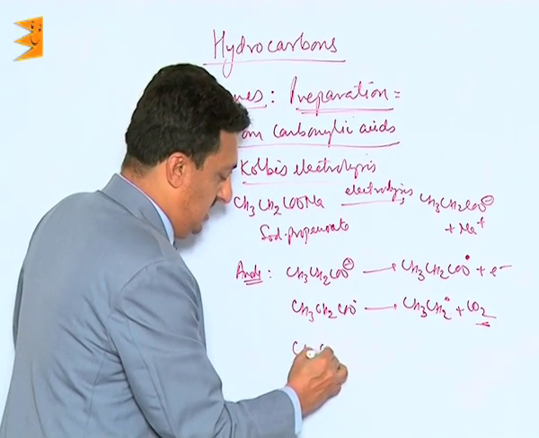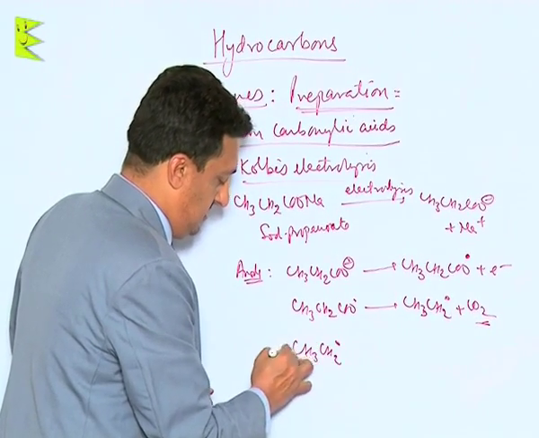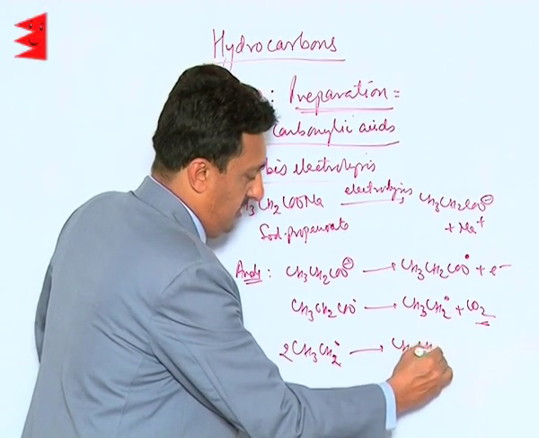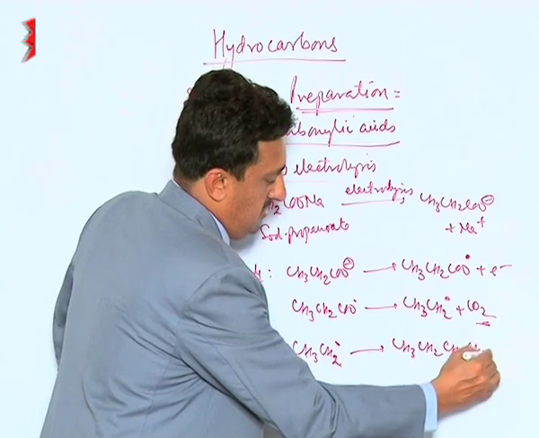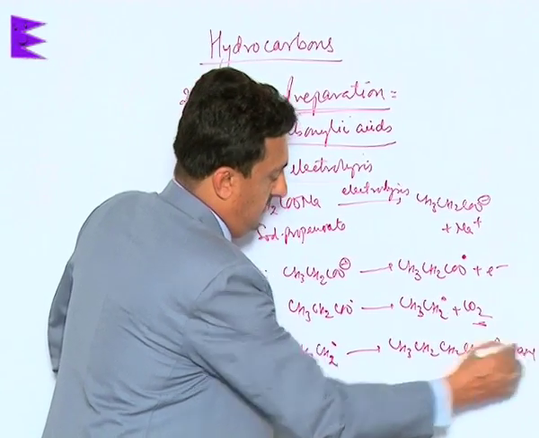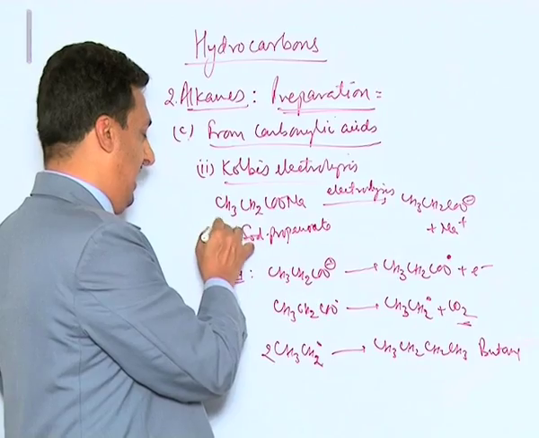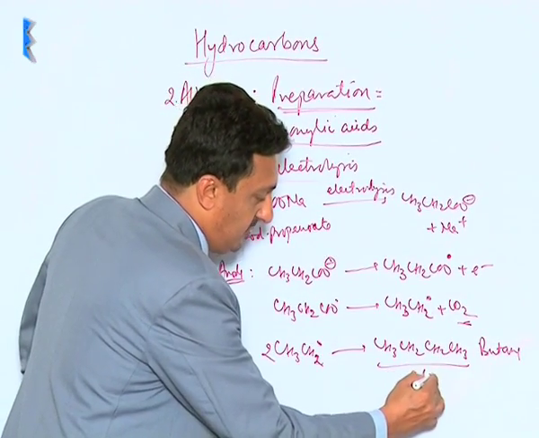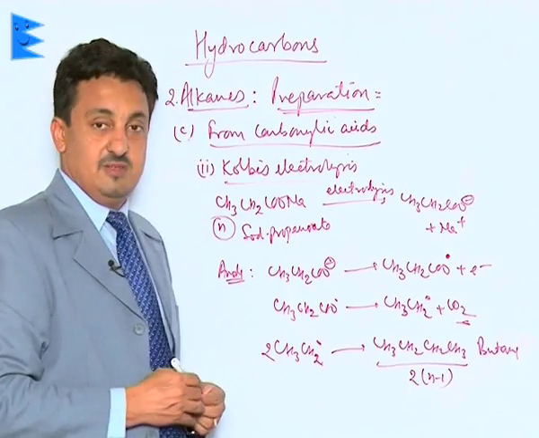Now two such ethyl radicals combine together to form butane. So remember, if the acid has n number of carbon atoms, the alkane formed at anode will have twice of n minus 1 number of carbon atoms.